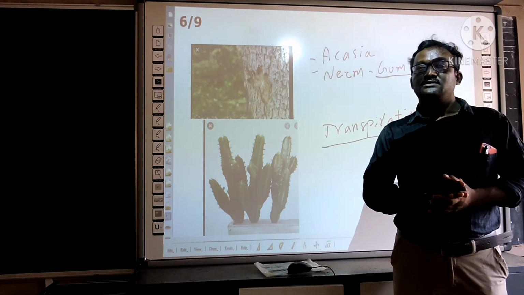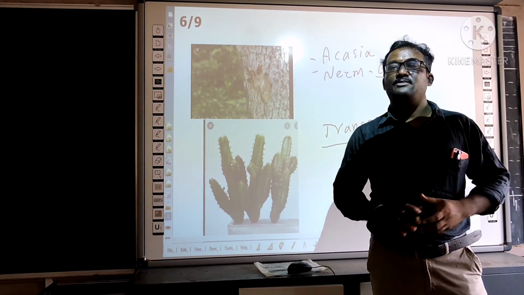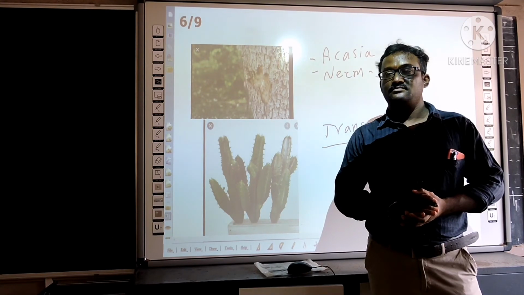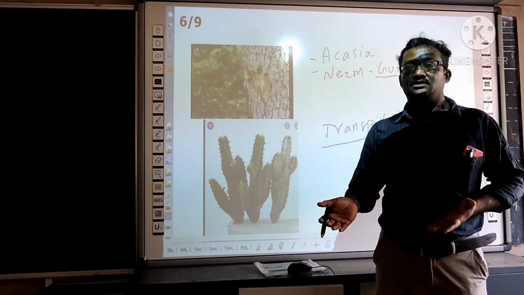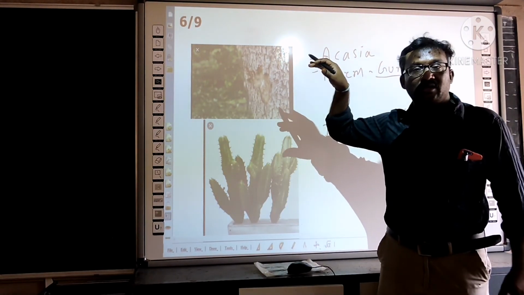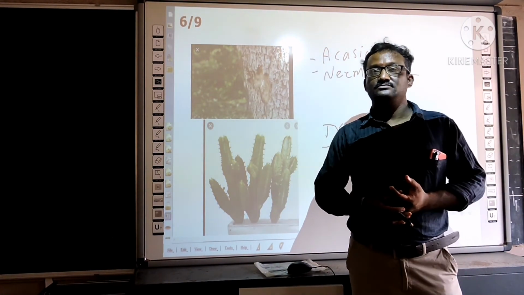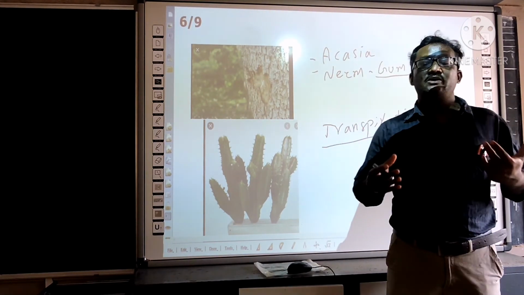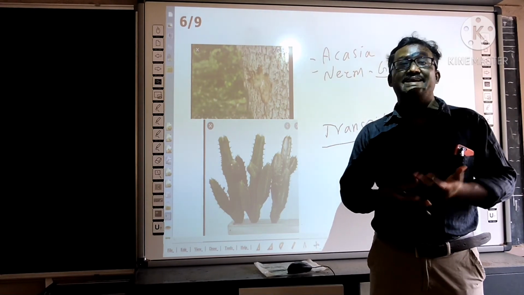And moreover, the dermal tissue prevents the entry of pathogens into the body. Pathogens means disease-causing organisms. Harmful microorganisms do not enter the plant body because of the dermal tissue. So photosynthesis, absorption of water and minerals, prevention of transpiration, gaseous exchange.